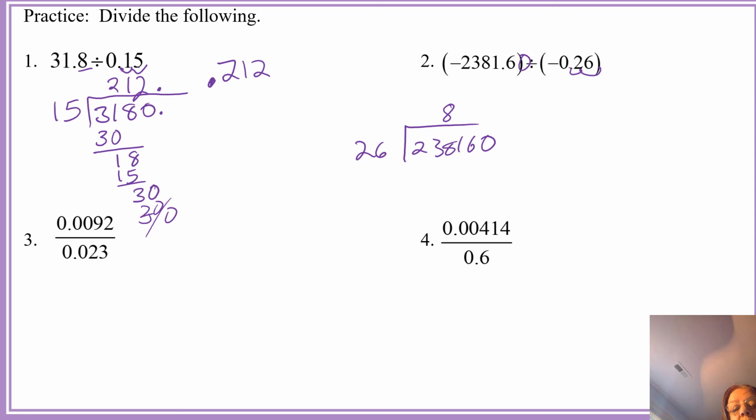And that's 208. Uh-oh, that left me 30. So it was supposed to be 9, not 8.